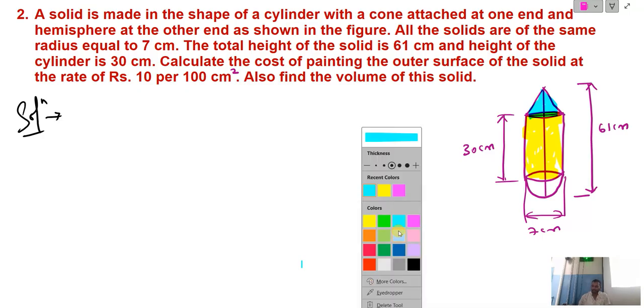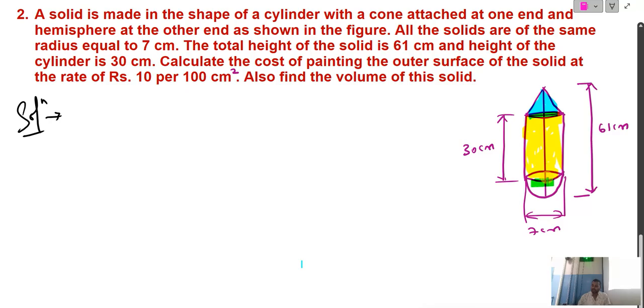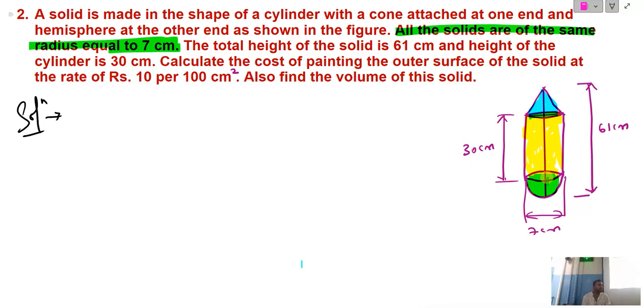And the other end is attached with a hemisphere. So altogether, we have got three shapes: one is cone, second is cylinder, and the third one is hemisphere. Now, all the solids are of the same radius equal to 7 centimeter.